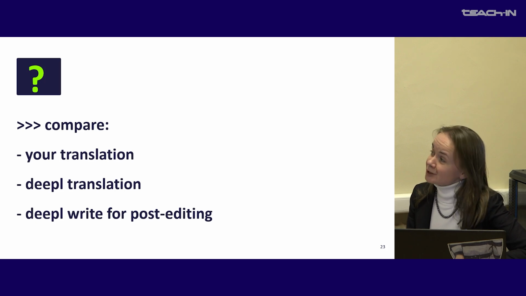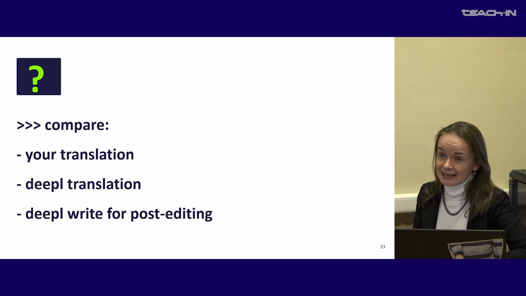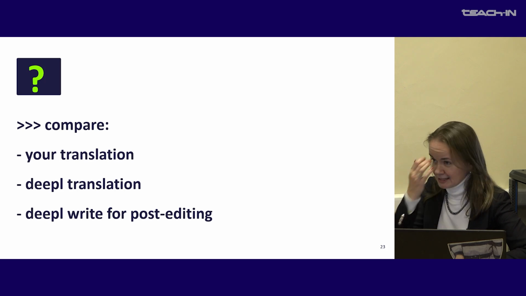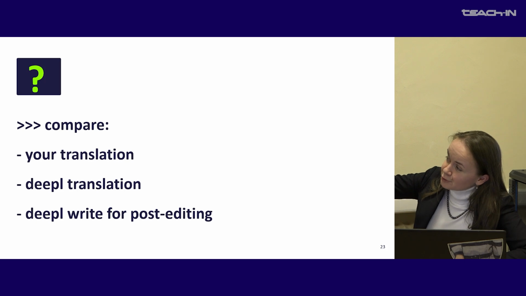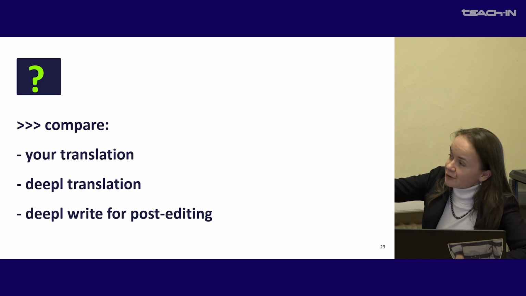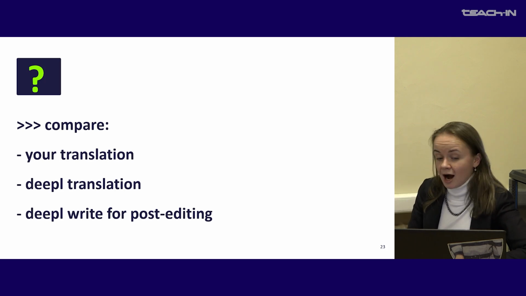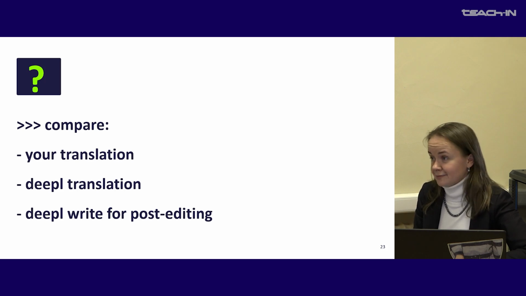And then use DeepL to translate the same few sentences into English. And finally, the third stage would be to edit the DeepL translation with a post-editing tool to edit it to the academic style, okay?